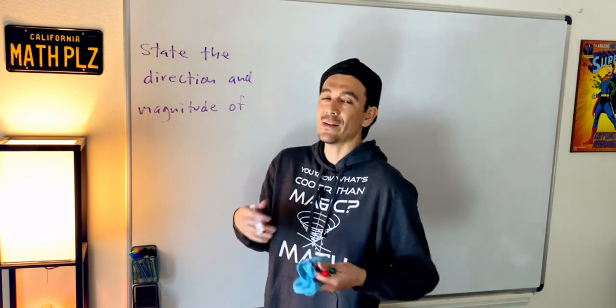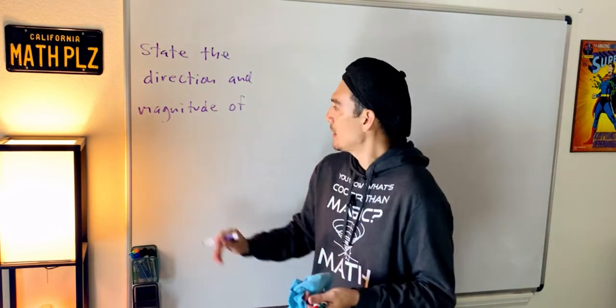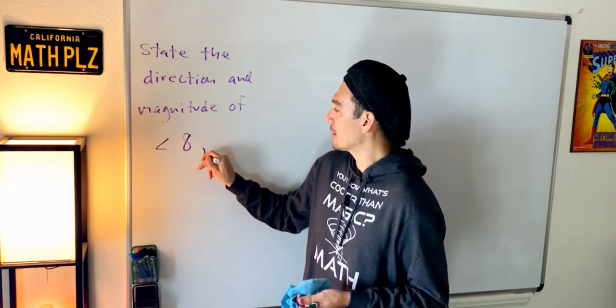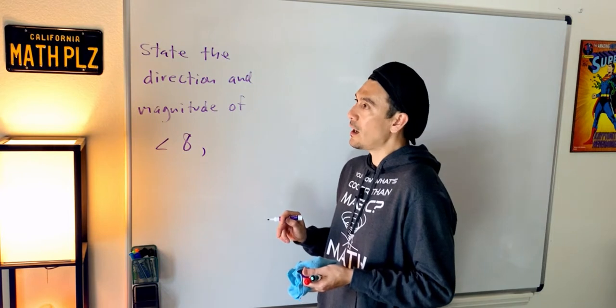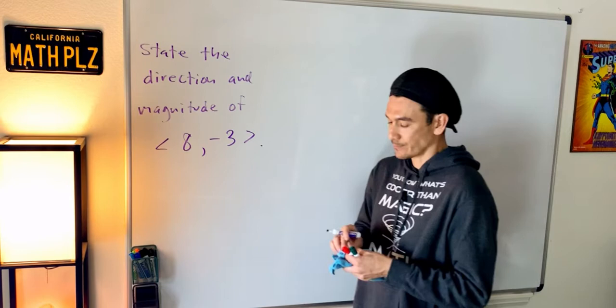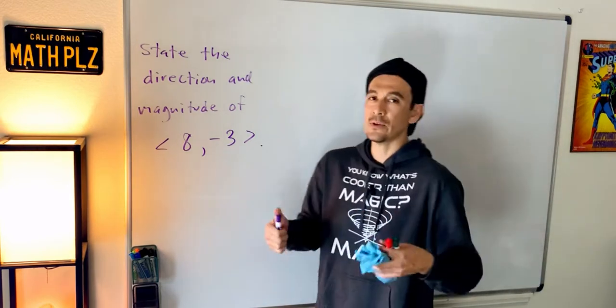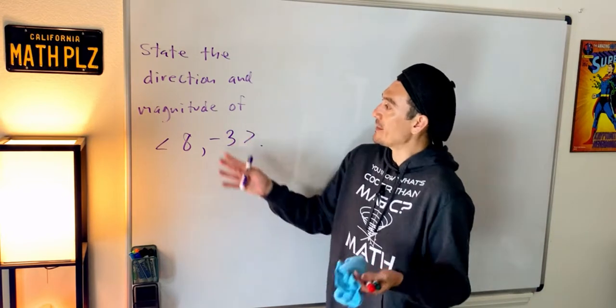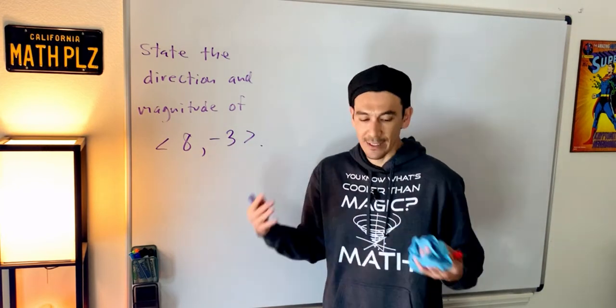I don't have to give it a name, I'll just give you the components. How about we go with 8, comma, -3. Right, you see something like this on your solo quiz, how the heck do we do this?